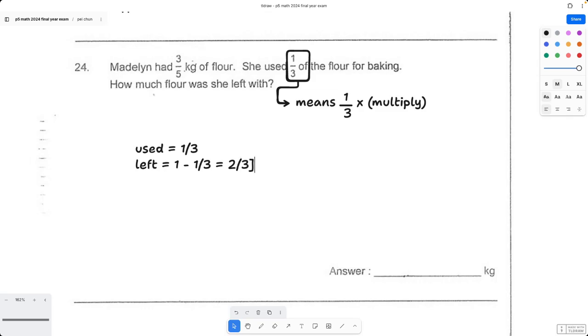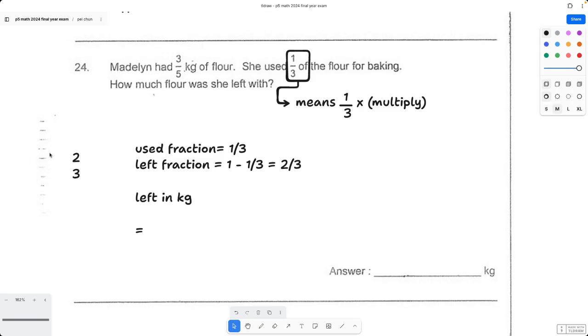So left fraction. Then left in kilograms is basically 2 out of 3 times 3 out of 5 kilograms.